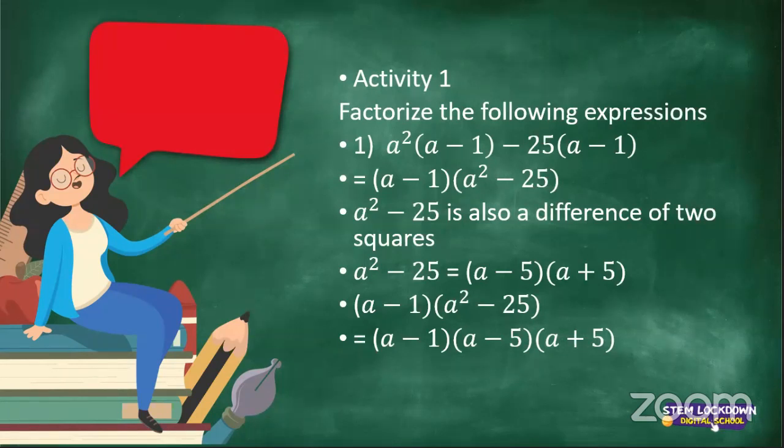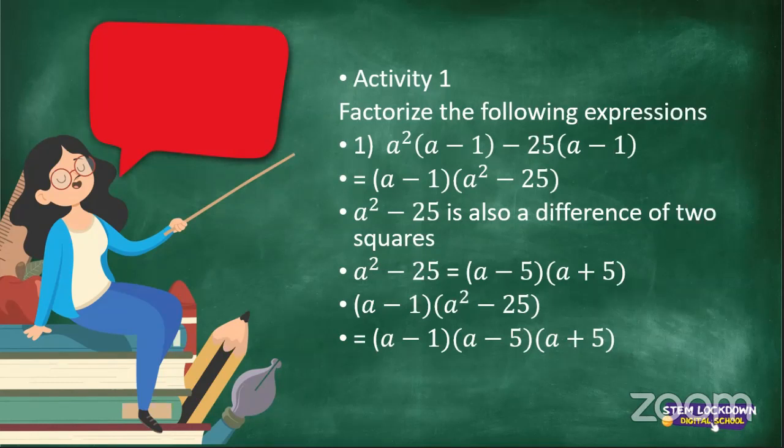That will be the factorized version of the original expression here, which was a squared, open bracket a minus 1, minus 25 into a minus 1. So the factorized version of this expression is a minus 1 into a minus 5 into a plus 5.